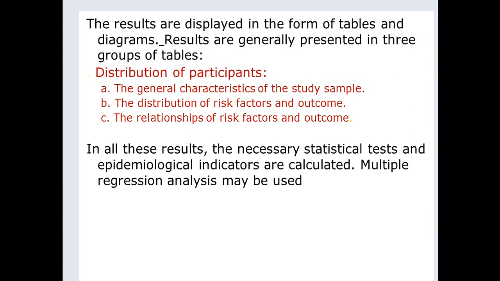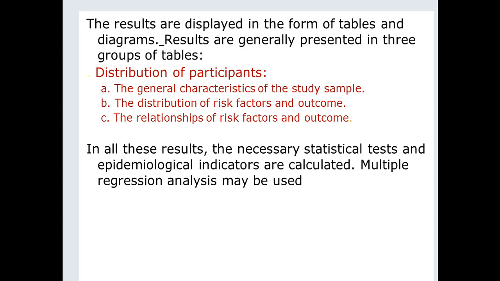The general characteristics including the age, the sex, the occupation, and maybe education level, and so on. This is the characteristics of the study sample. Then the distribution of risk factor and outcome, whether they are exposed to the risk factor or not, and what happened, the outcome. And the relationship of risk factor and the outcome.